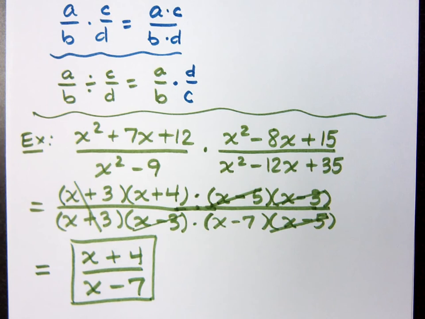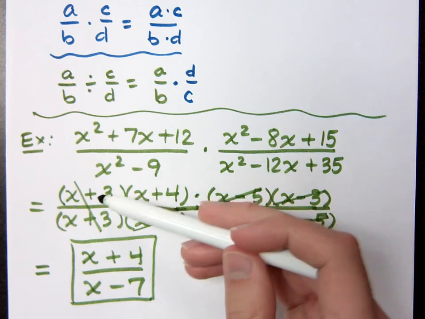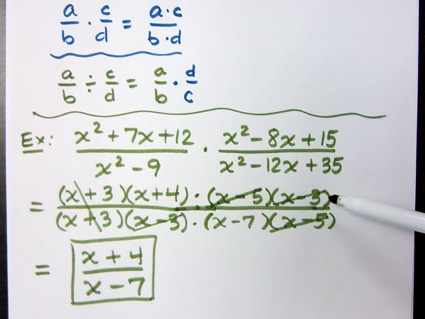Now remember, in order to cancel correctly here, you have to have everything factored completely. Everything here is written in terms of multiplication, the same as what we have here in the denominator. When you have that, then you can look at canceling common factors, one on the top and one in the denominator.